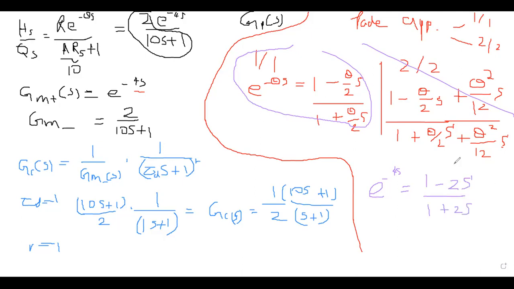So if e to the minus 4s is equal to our GM plus S, we can write this instead for GM plus and substitute it here.